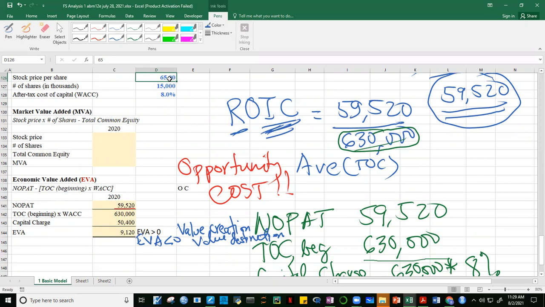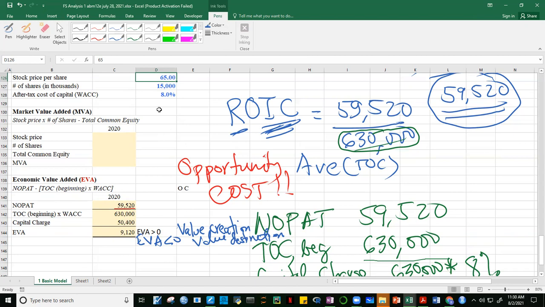At the end of the day, alam natin kung magkano yung market value. Mas mahirap guys kung hindi listed sa Philippine Stock Exchange. Mas mahirap malaman or kailangan i-compute pa yung estimated intrinsic value niya, estimated price of the stock.